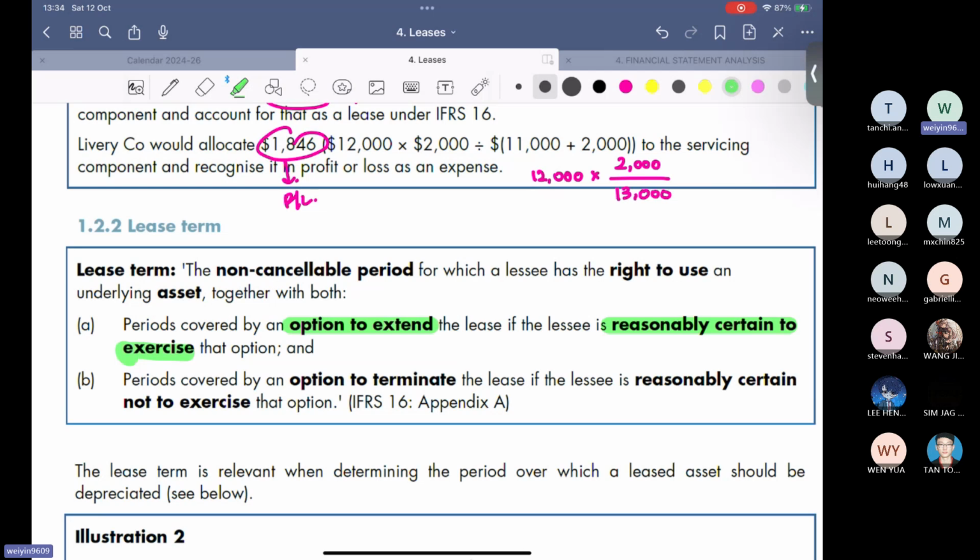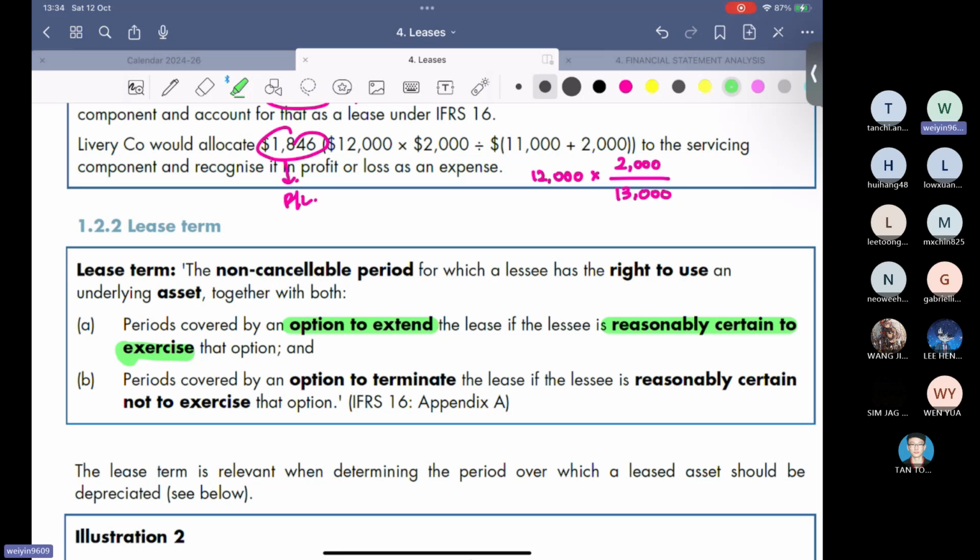That means if you go for a rental in Sungai Long, I'm not sure about you, but last time when I was in Sungai Long, my rental was 2+1. 2+1 means that I have the option to extend, that kind of thing.